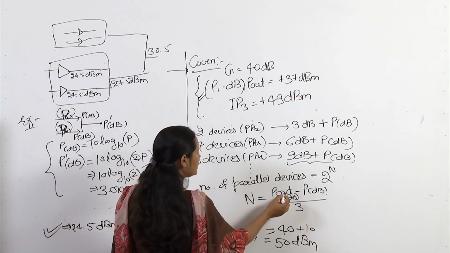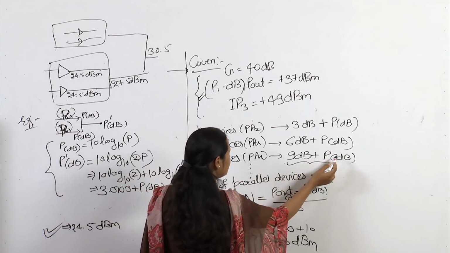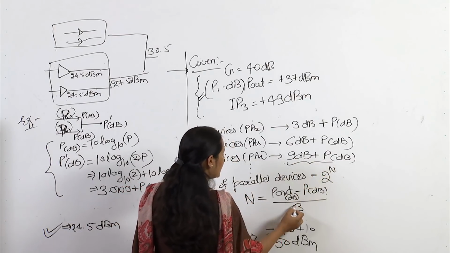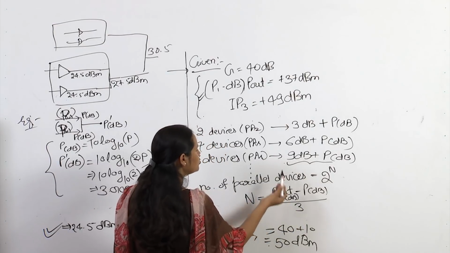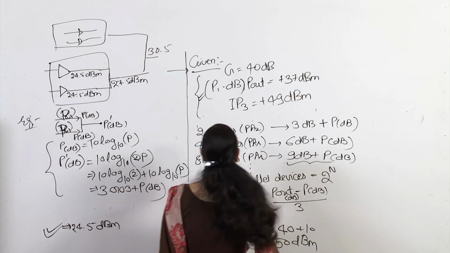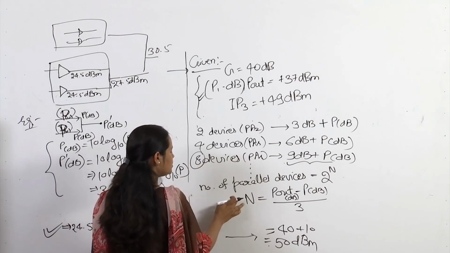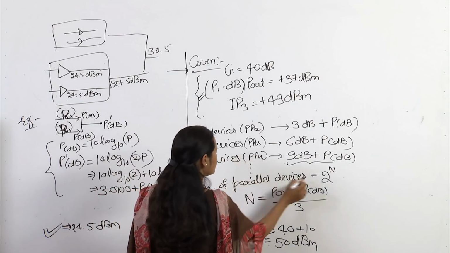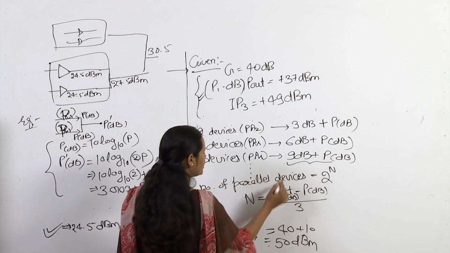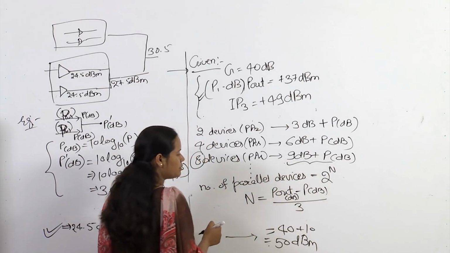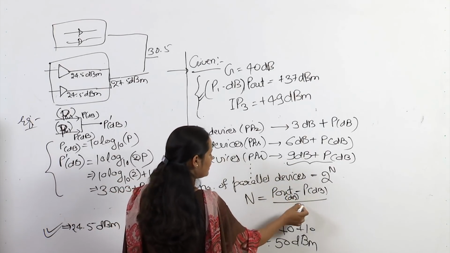So, basically 9 dB plus P dB minus P dB will give you 9, and divided by 3 will give you 3, and 2 to the power 3 will be actually 8, right. So, this will be the number of parallel devices 2 to the power n, where n can be calculated as output power minus input power both in dB divided by 3.